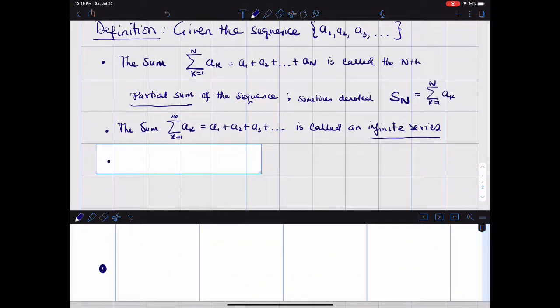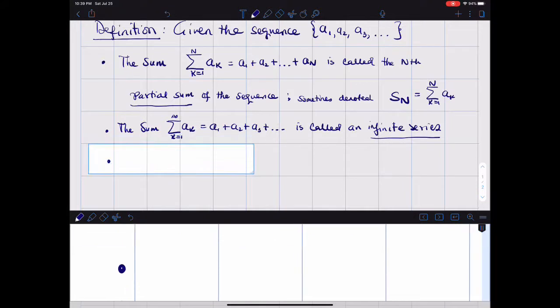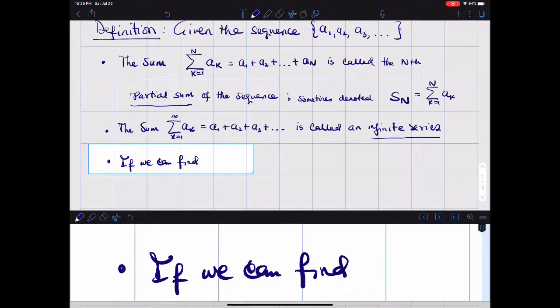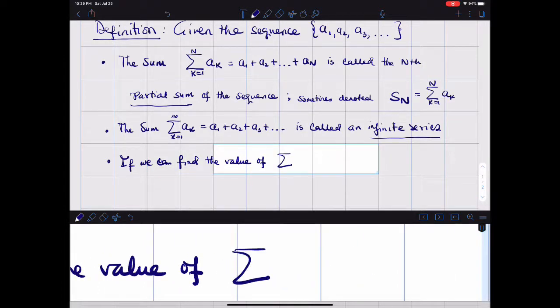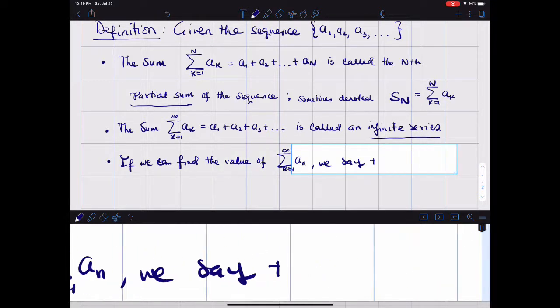Now, a big part of our study will be to know when we can find the sum of an infinite series and when we can't. So if we can find the value of the infinite series of An, we say the series converges.